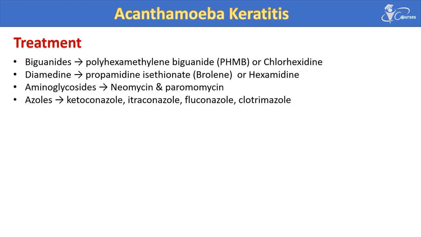If there is no response, we can opt for something like cross-linking. If there is severe infiltration that is not responsive to treatment, we can opt for therapeutic keratoplasty. If there is perforation, we can go for tectonic keratoplasty. I'm just talking now about systemic and topical antibiotic therapy, the anti-acanthamoeba therapy.